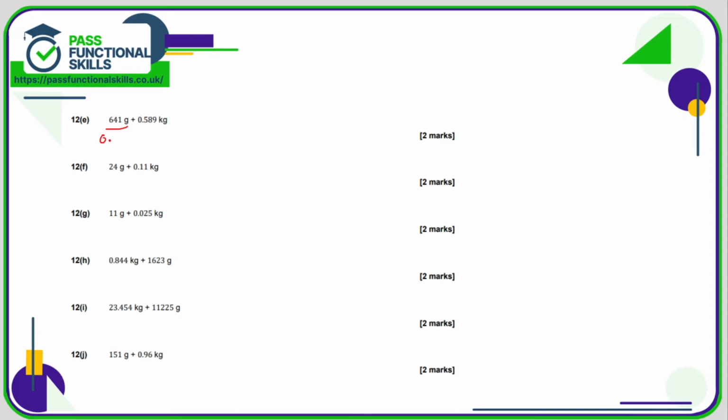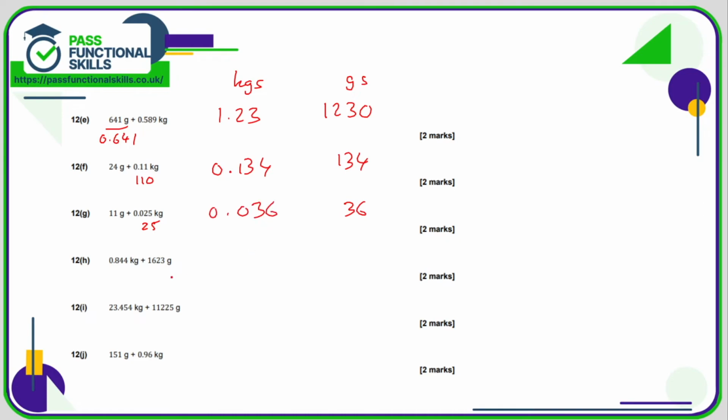This amount here is 0.641 kilos. If I add that together, then that's 1.23 kilos or 1,230 grams. This is 110 grams, so 110 plus 24 is 134 grams or 0.134 kilos. This is 25 grams, so in total that is 36 grams or 0.036 kilos.